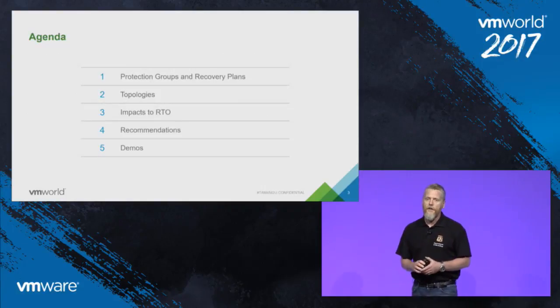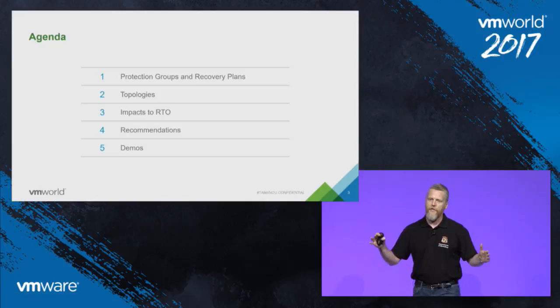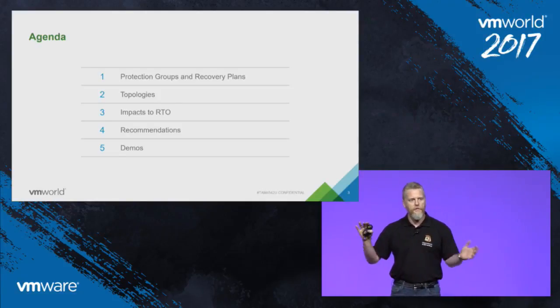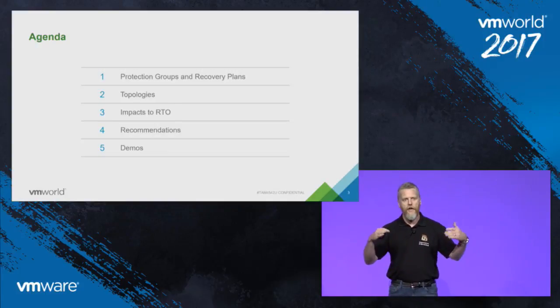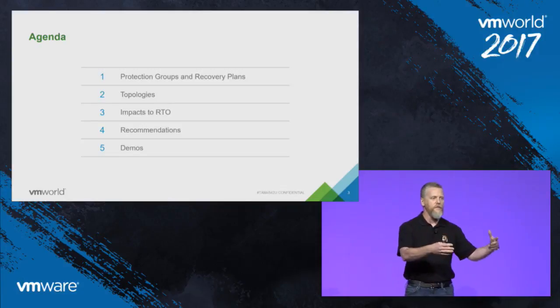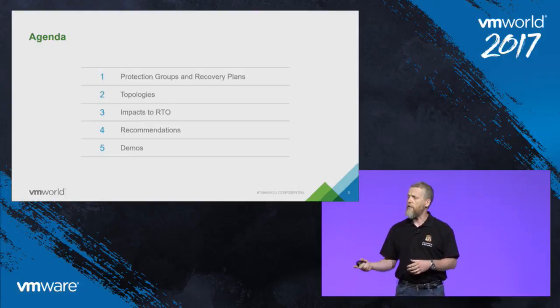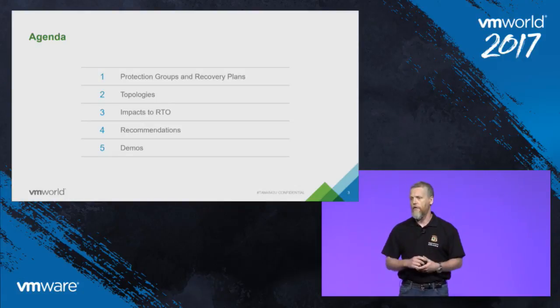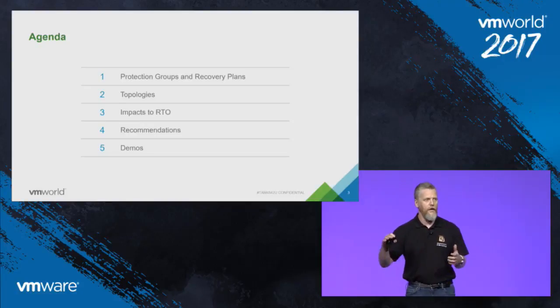So here's what we're going to talk about. We'll talk a little bit about protection groups and recovery plans, the different types of protection groups, different types of recovery plans, how to organize them, things like that. We'll talk about how you can architect SRM, how you can lay it out from a topology standpoint, the different ways that you could do that, some pluses and minuses to all of those. We'll talk about RTO and things that impact your RTO within SRM and what you can do to improve it.